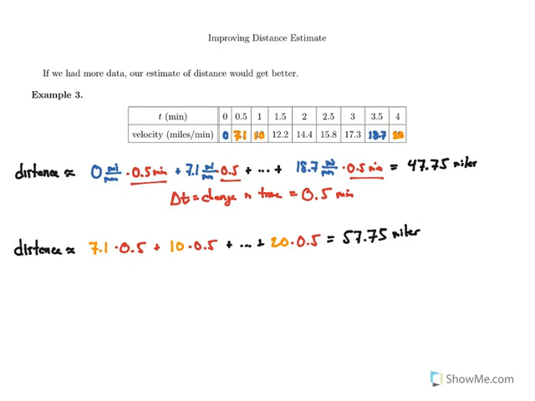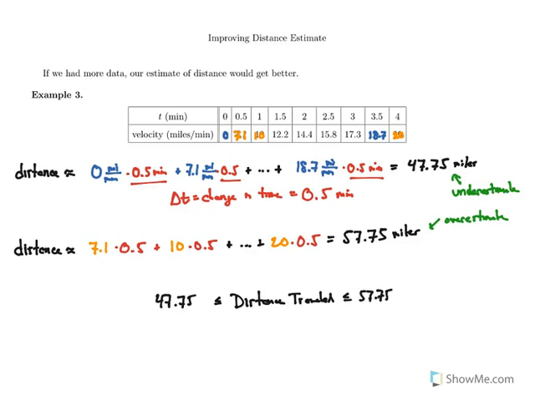So again, this is an overestimate and an underestimate, not in that order, the opposite order. Our first one was an underestimate. Our second was an overestimate. And we can say that the actual distance traveled is somewhere trapped in between those estimates, our 47.75 and our 57.75.